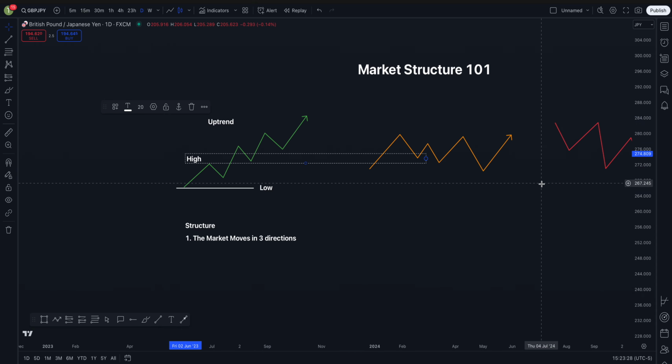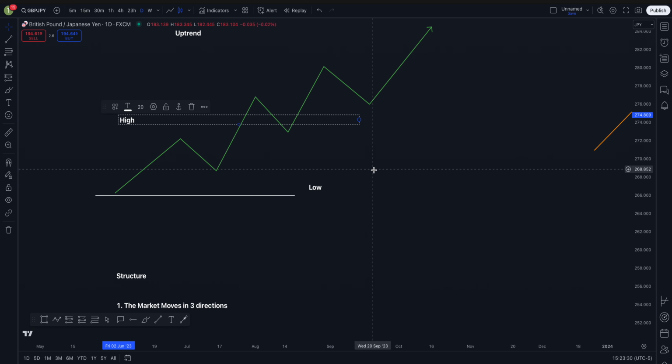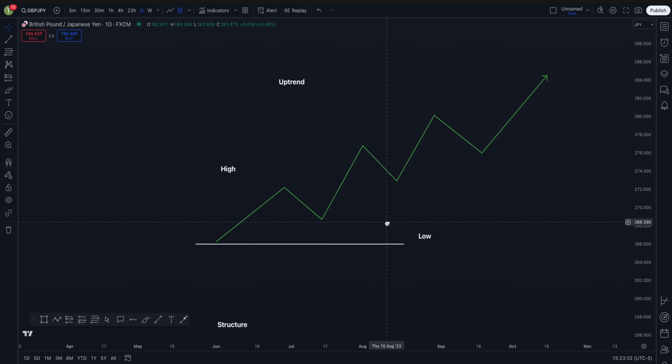All right, let's see if we can zoom into this a little bit more so you guys can have a clearer understanding. So we started here at the low point of price. Say price is at 266 right here. And then over the course of orders coming in from buyers and sellers, price moved up to this high right here.